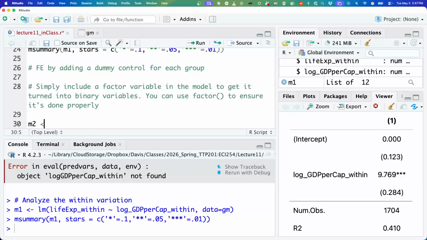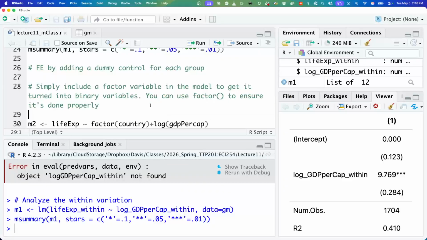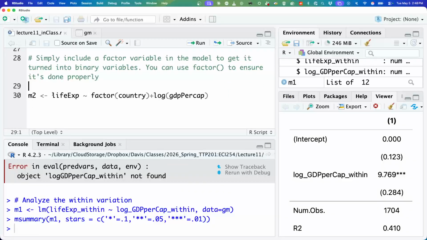So M2, we will do life expectancy regressed on a dummy for every country. And then we just need to log our GDP like we did with the other model. Oh, oops, LM here.